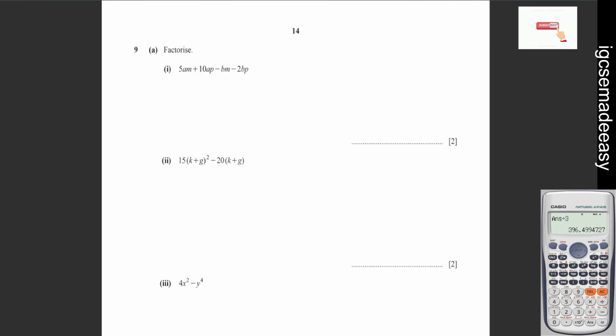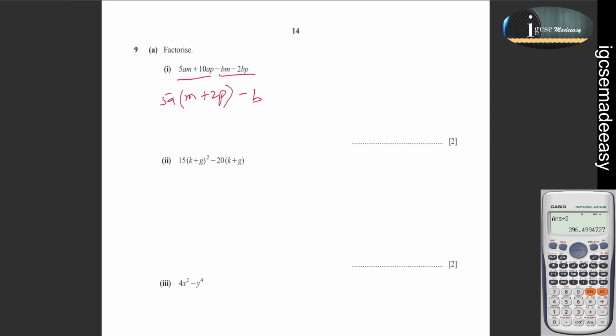Question number 9, factorize. Let's take common factors from the first two terms and the last two terms. We can take out 5a from the first two terms, and then we'll be left with m plus 2p, in brackets, minus, we can take b from the last two terms, so we'll be left with m plus 2p again inside.